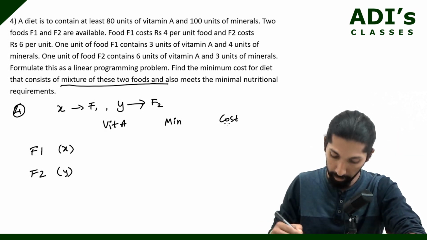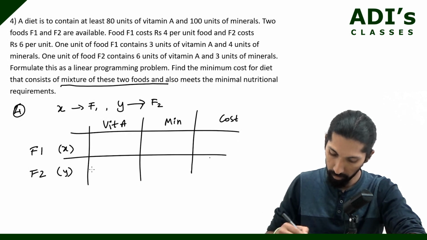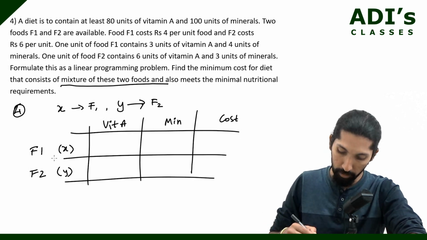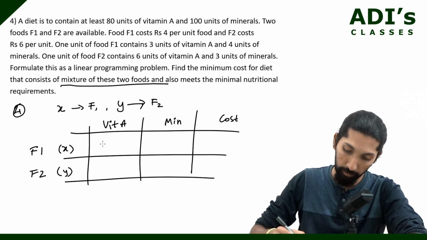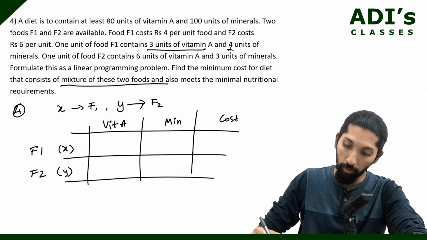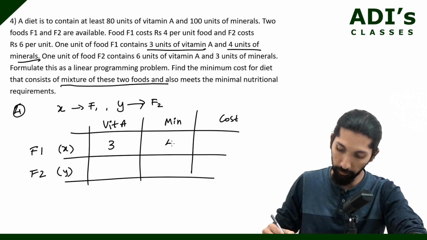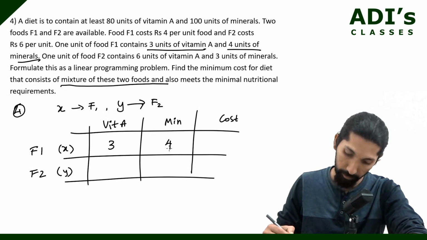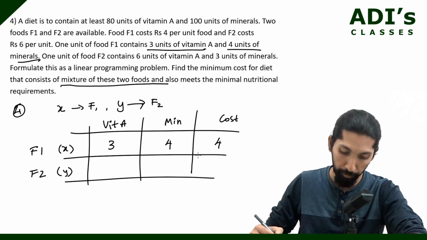Three important parameters. For the first one, F1, we have how many units? We have 3 units of vitamin A, 4 units of minerals. And what is the cost? We have 4 rupees per unit, correct?